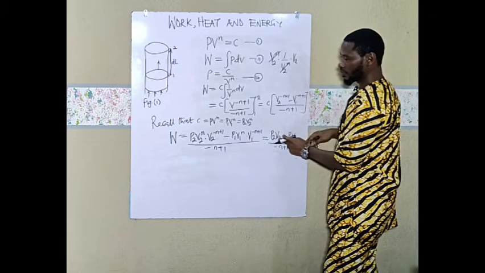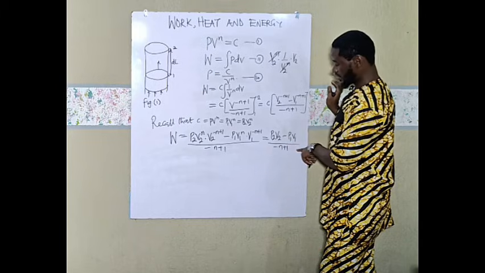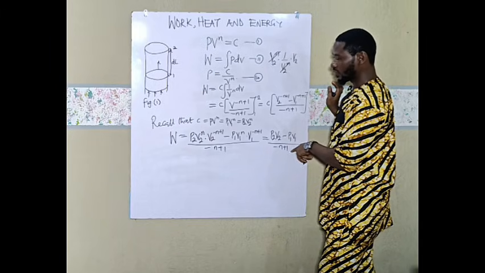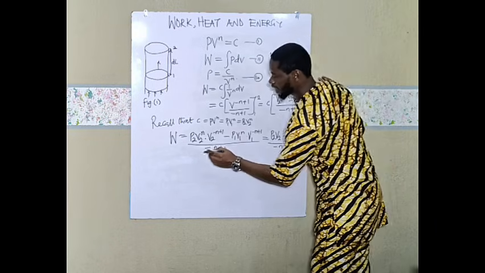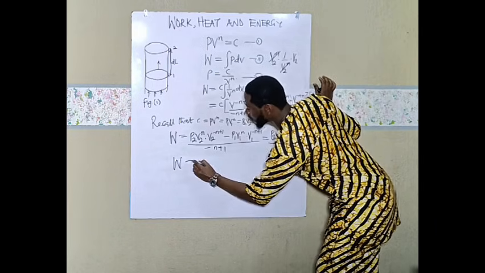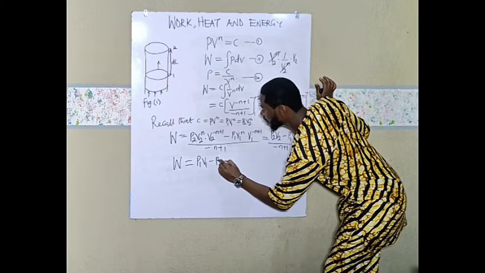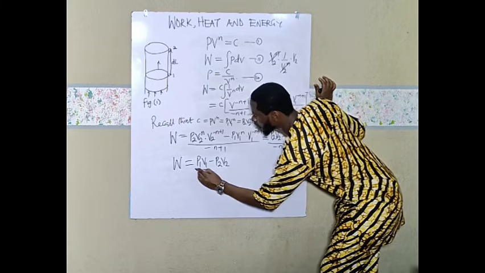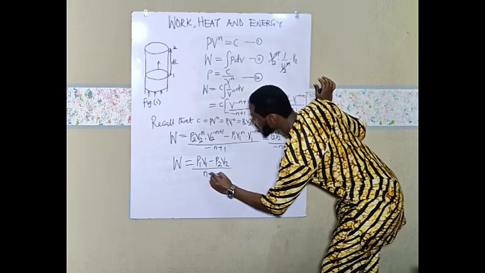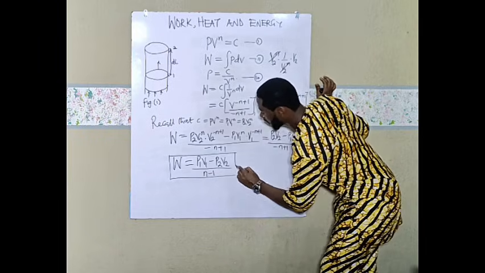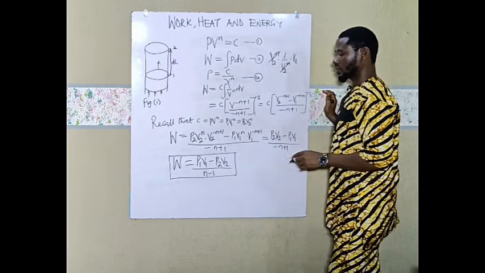So we can simplify this equation further by multiplying the numerator and the denominator by a negative sign, so that the expression becomes P1 V1 minus P2 V2 over n minus 1. This is the work done in a polytropic process.